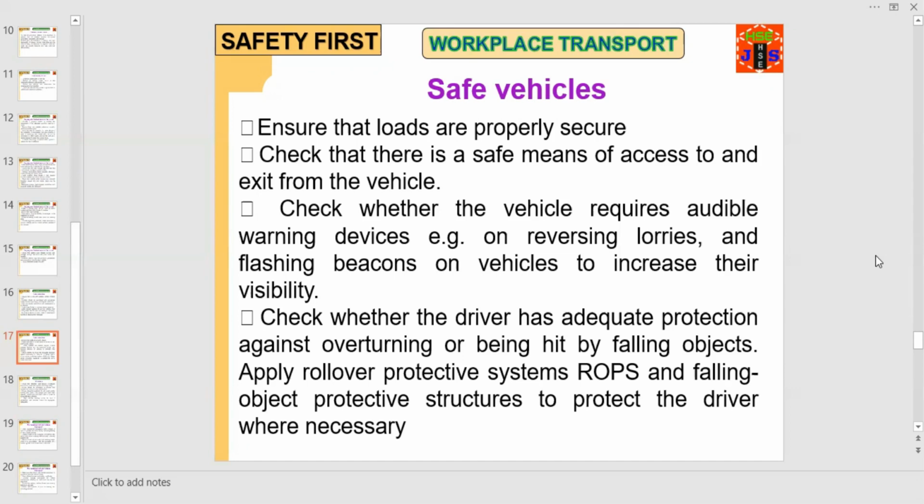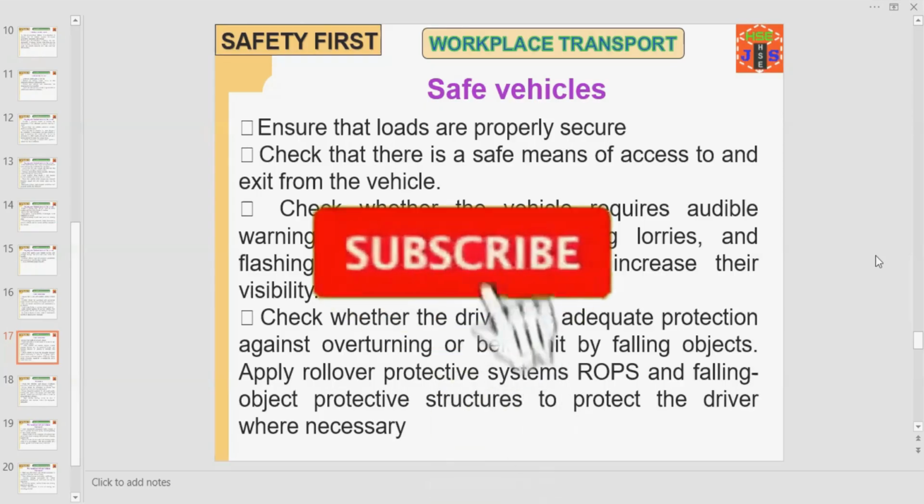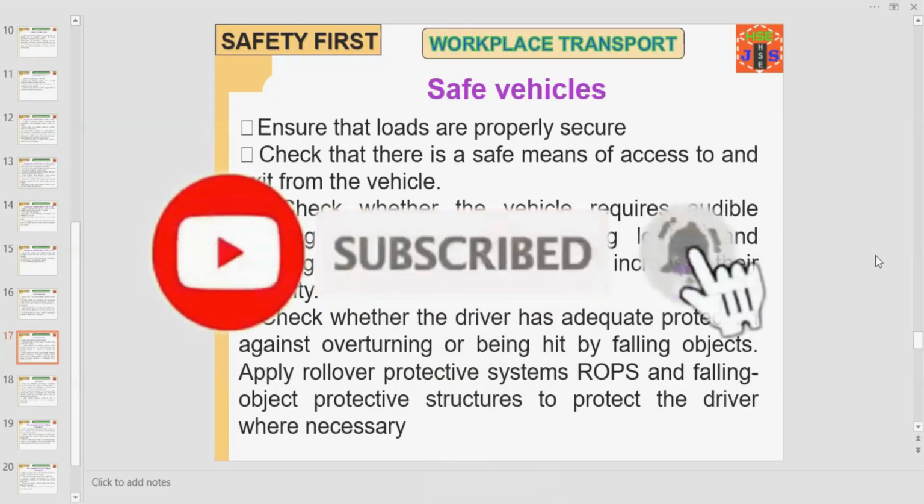And check whether the driver has adequate protection against overturning or being hit by falling objects. Apply rollover protective systems (ROPS) and falling object protective structures to protect the driver where necessary.